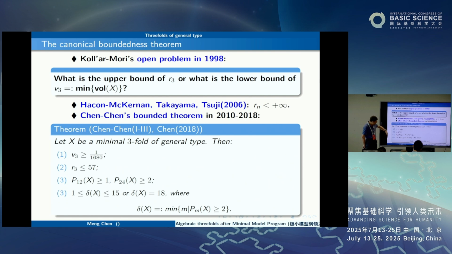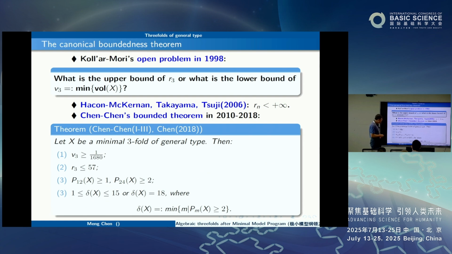But when delta is between 1 and 12, we can use an effective way to recover the birational geometry of the threefold. So this makes it possible for us to get the lower bound of the canonical volume and the upper bound of the canonical stability index.